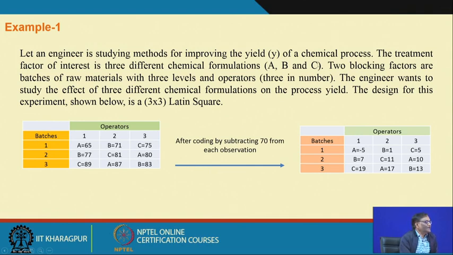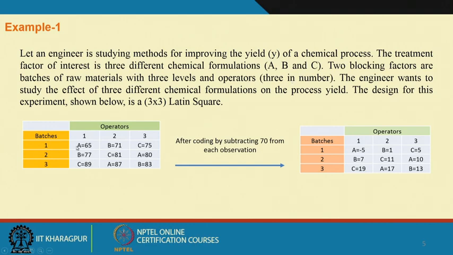So, here the treatment of interest is 3 chemical formulations A, B, C. The 2 blocking factors are batches of raw materials and operators.